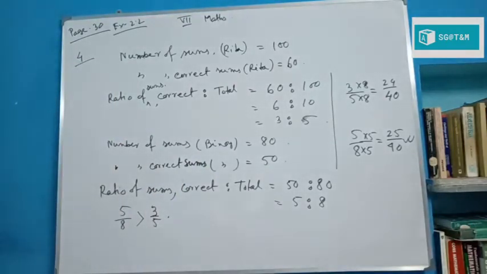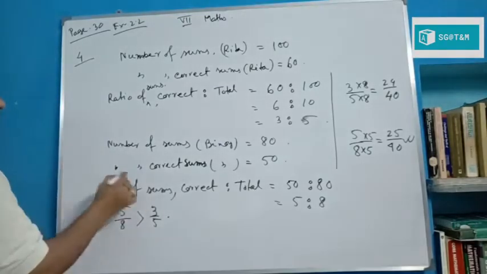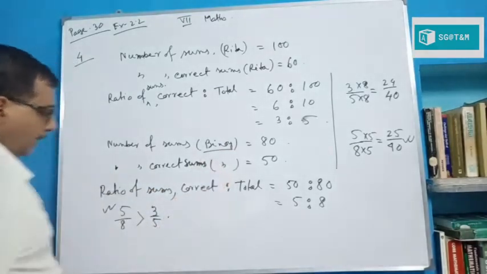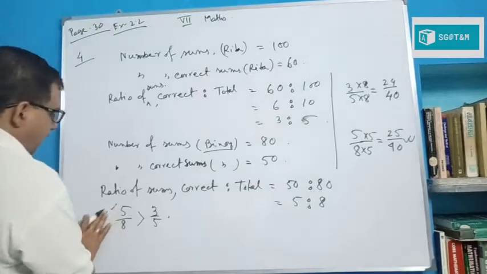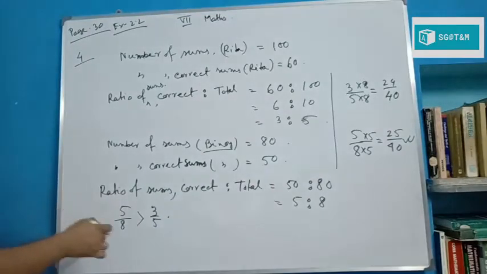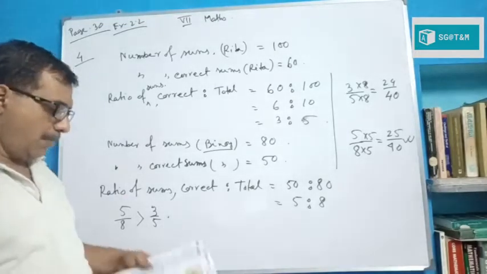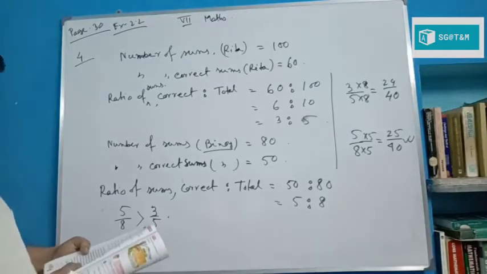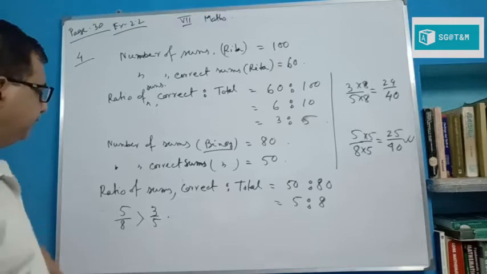So the question: who got more sums correctly? Obviously the second one, that means Binoy. Since 5 by 8 is greater than 3 by 5, Binoy got more sums correctly.